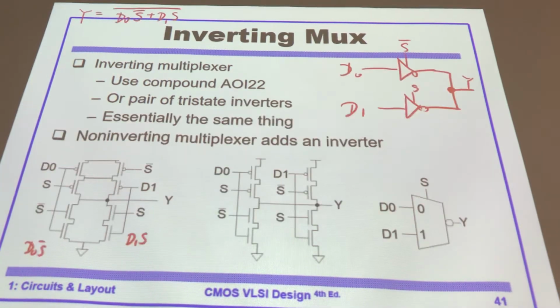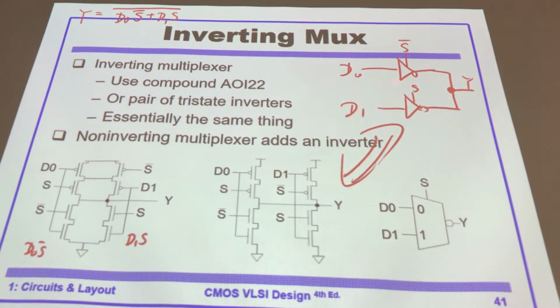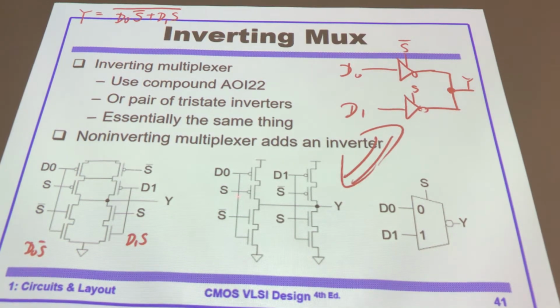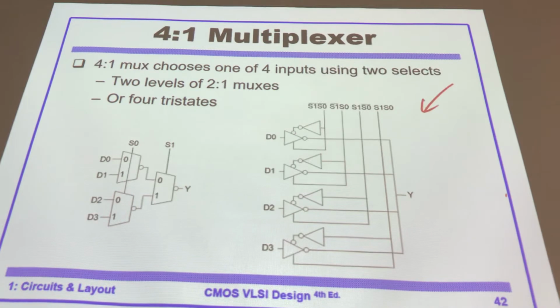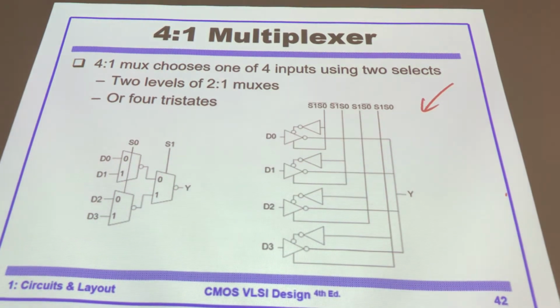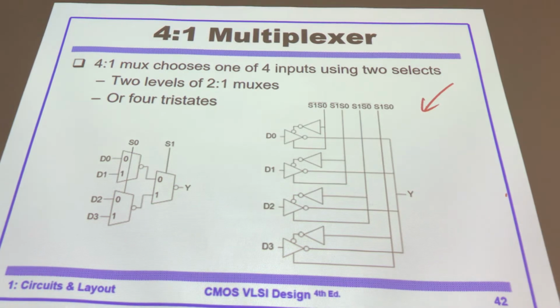You're using this circuit in here. There are 4 inputs. Well, actually not exactly the same. I'm sorry, I take it back. I should not say that they are the same, but the idea, the circuit style, is the same.